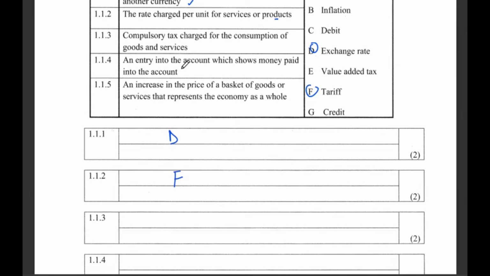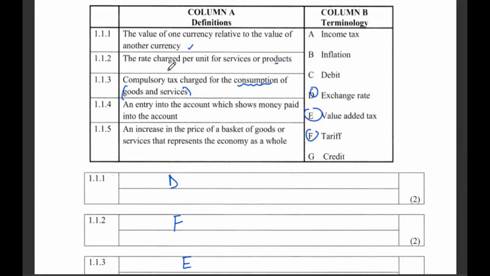And then 1.1.3, compulsory tax that is charged for the consumption of goods and services. For as long as it is compulsory, everyone needs to pay. That is the VAT, which is the value added tax, which is E. And then we move on to 1.1.4, an entry into the account which shows money that is paid into the account.